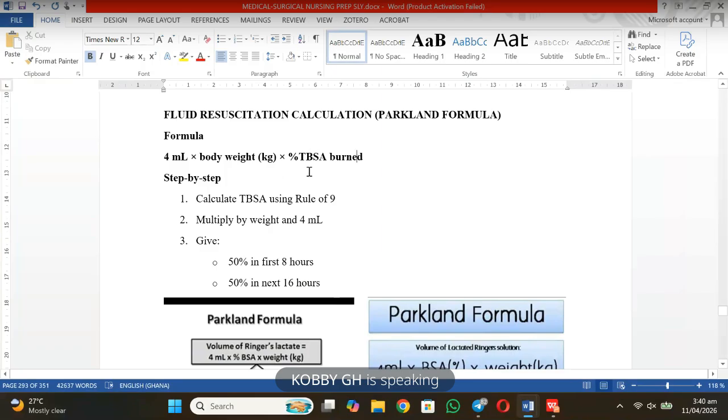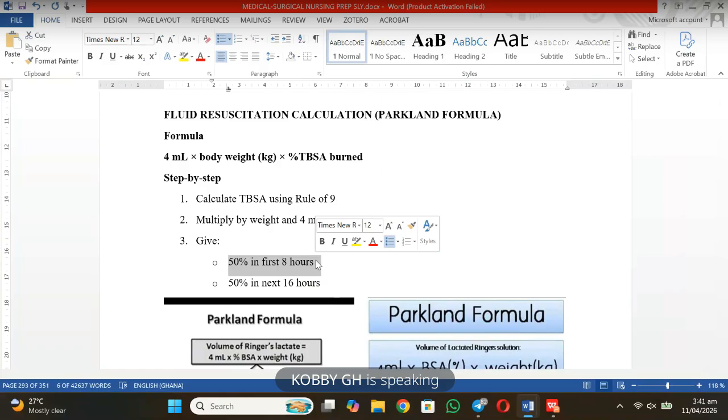The amount you get is the mLs of Ringer's lactate you use to resuscitate the patient. Usually, in the first 8 hours, we give 50% of that fluid. Then in the remaining 16 hours, we give the other 50%.